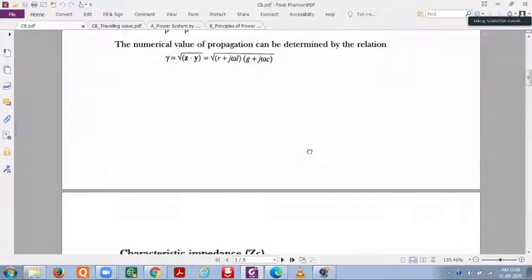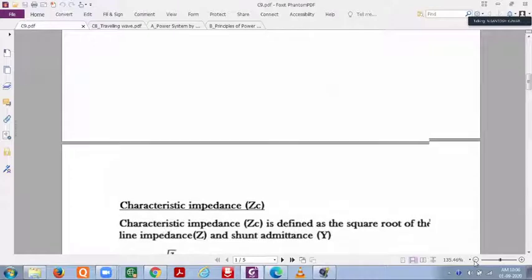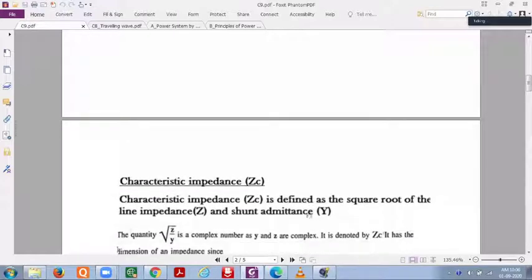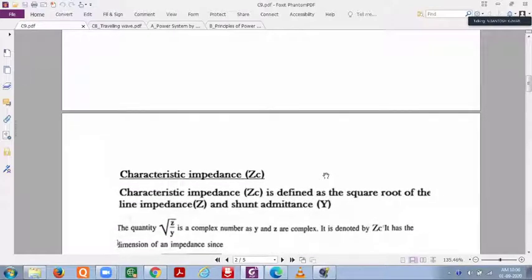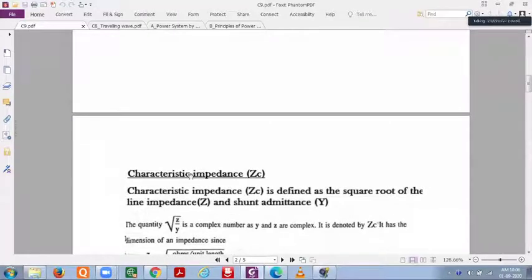Propagation constant over. So what is the next term? Characteristic impedance. See the word characteristics. Characteristics is nothing but its behavior, inherent behavior. What is his character? Inductor characteristic behavior is like that: it opposes sudden change in current.